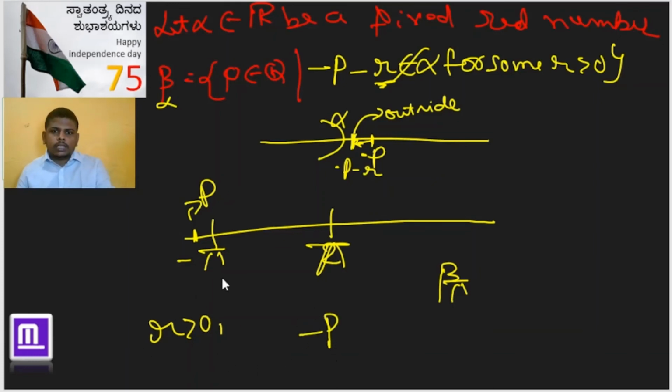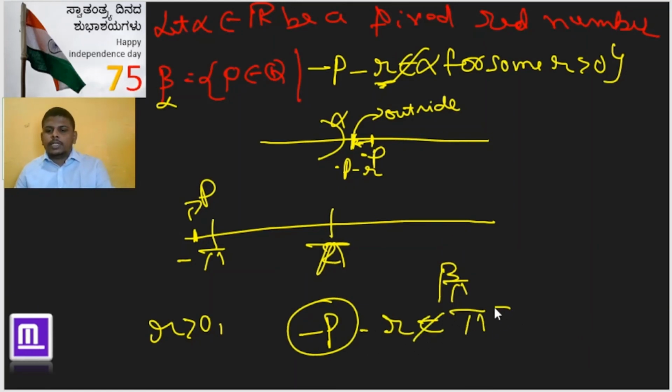Multiplication of a rational number is already defined. That means we assume that we know everything about the rational numbers, at least these structures, right? So minus p is possible. Then you subtract r from that minus p. If it does not belong to the cut which is responsible for pi, then that number belongs to the beta of pi.